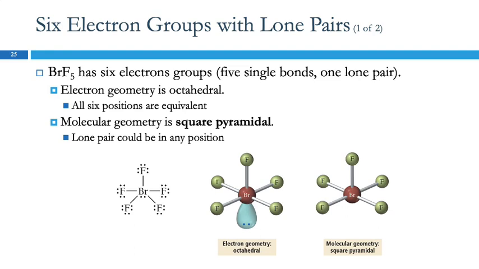Now, where we put the lone pair doesn't matter because all the angles are the same. So you just pull one of them off. And then you can look at this however you want.